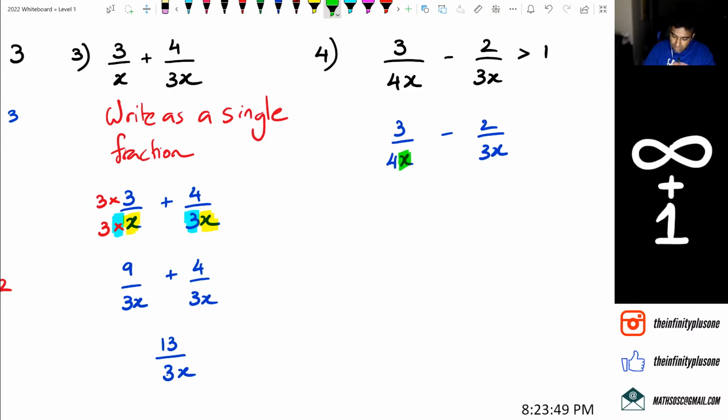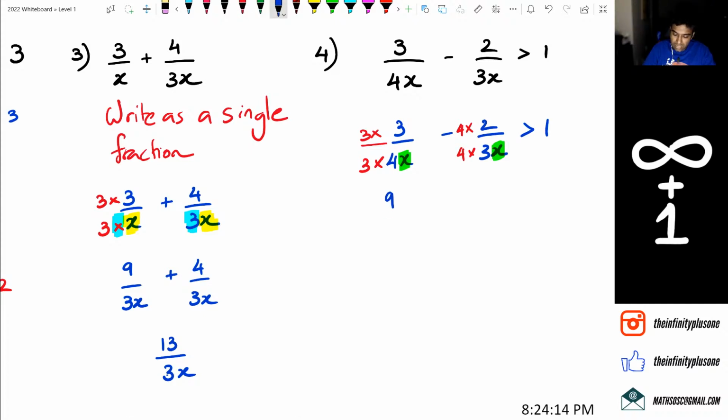The x is already in the denominator, so that's fine. And I've got 4 and 3, so I know it's going to be 12. So I'm going to multiply by 3. And as for the second fraction, I'm going to multiply it by 4, because I wanted it to be 12 in the denominator.